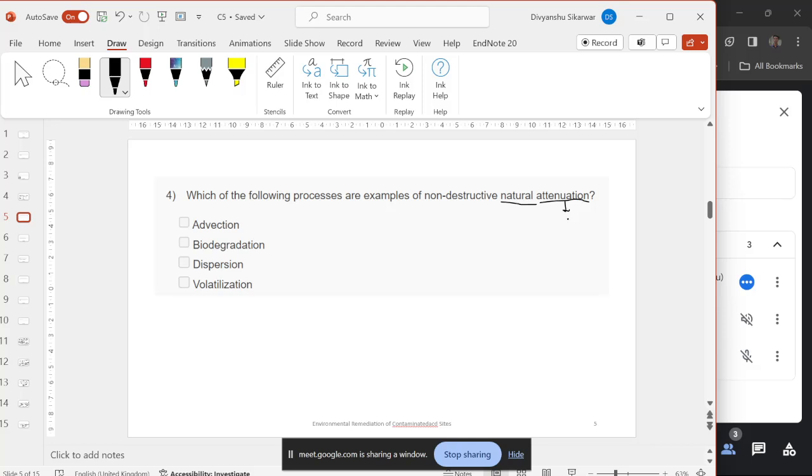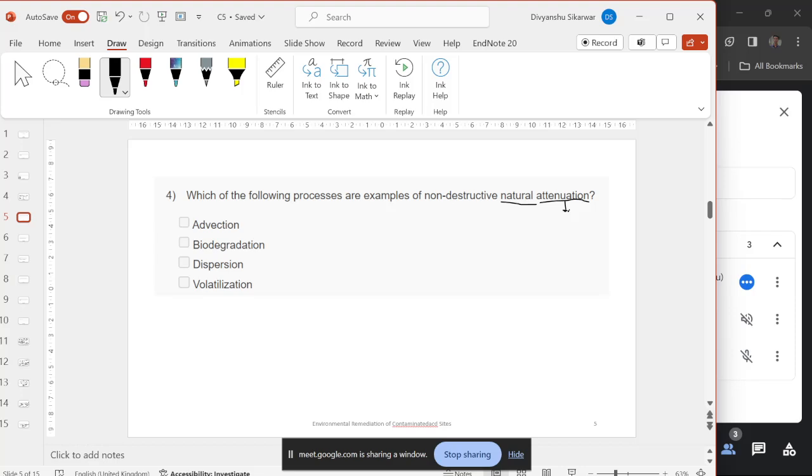Have you done the week 5 lectures? Sir, not fully, sir. Partially. Okay. So actually, attenuation basically means reduction. So we are doing a reduction of contaminant.